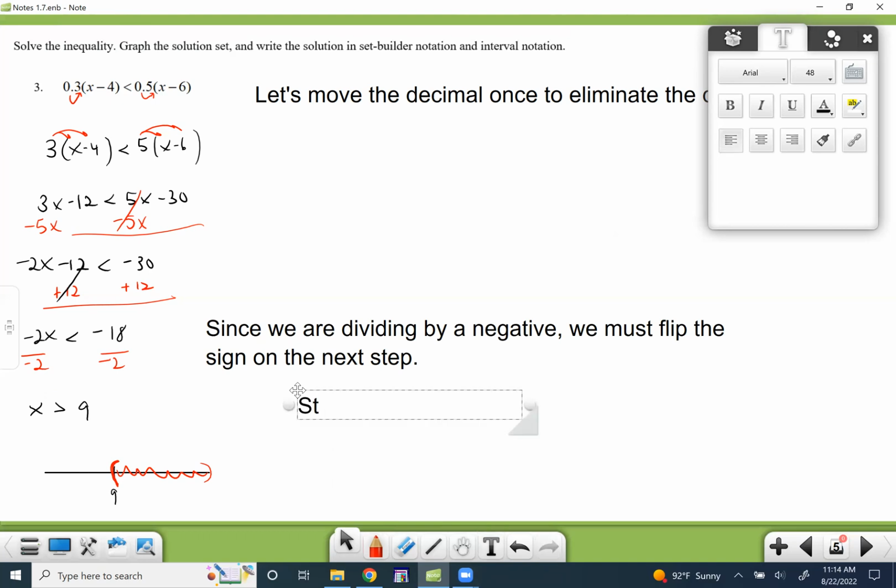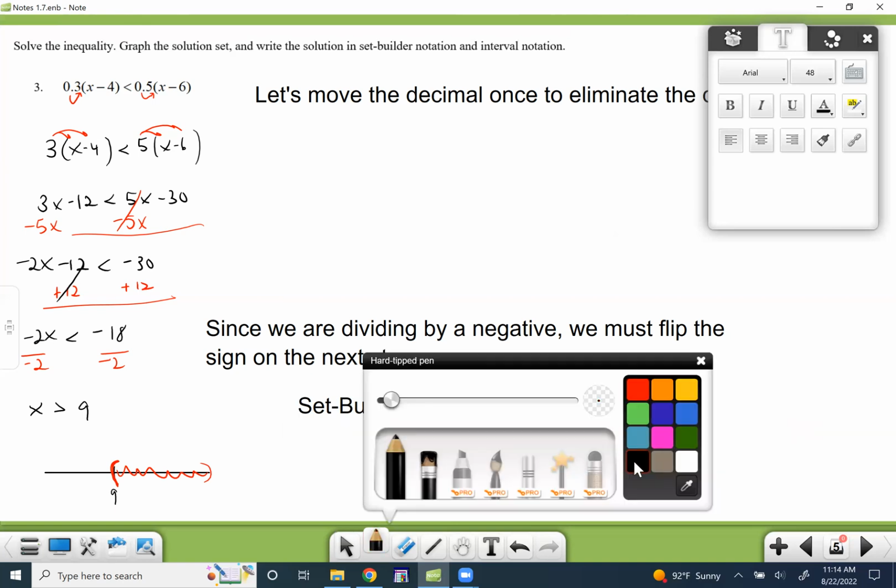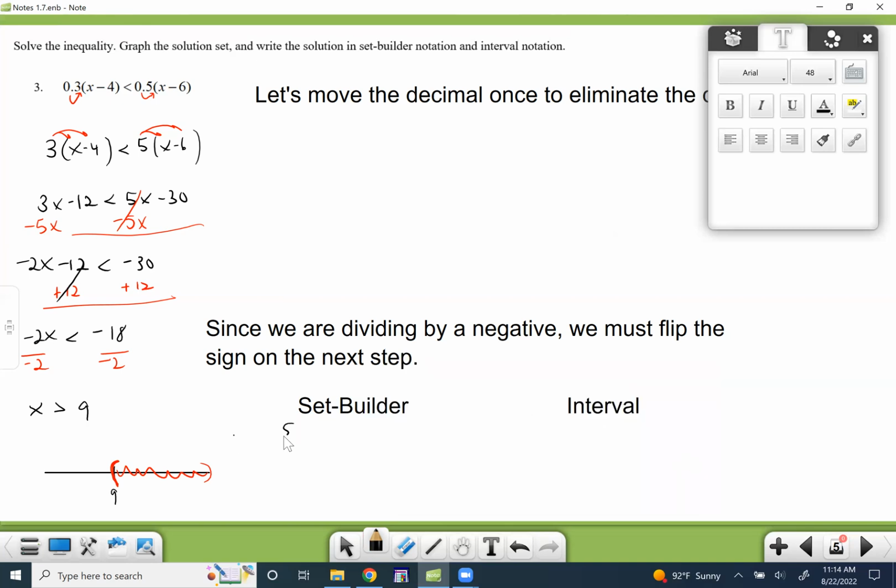So set builder. So our set builder we know is just the squiggly bracket one. So put your squiggly bracket, all x such that, insert your solution.